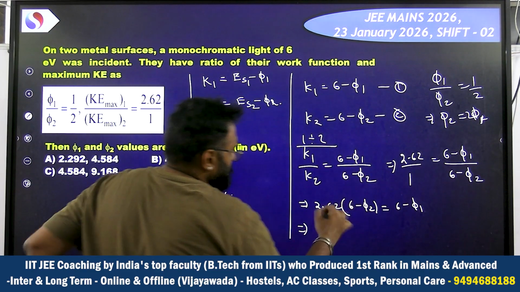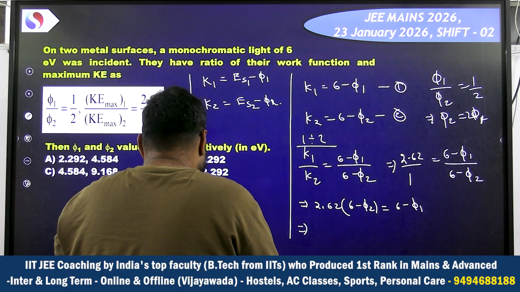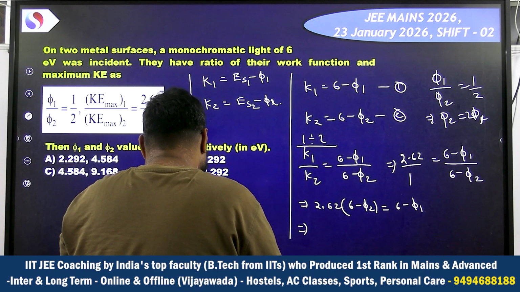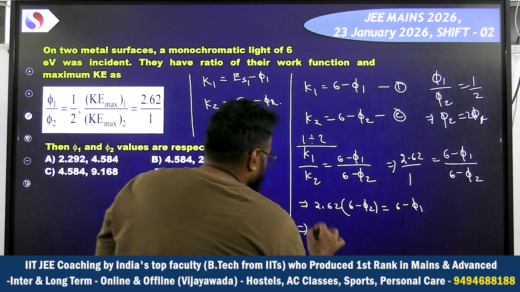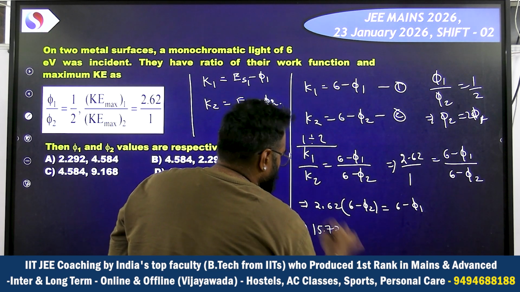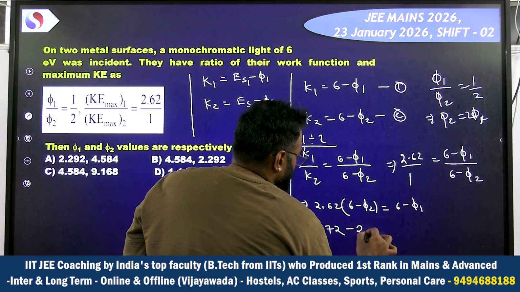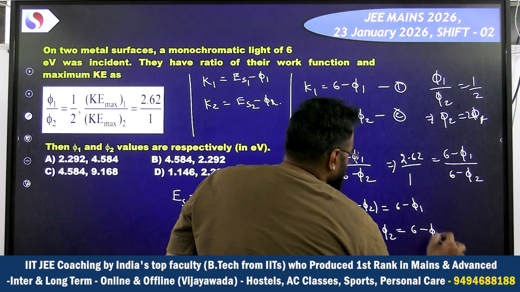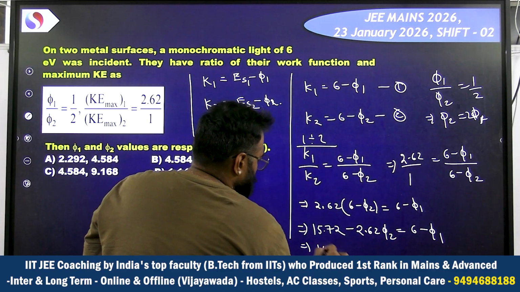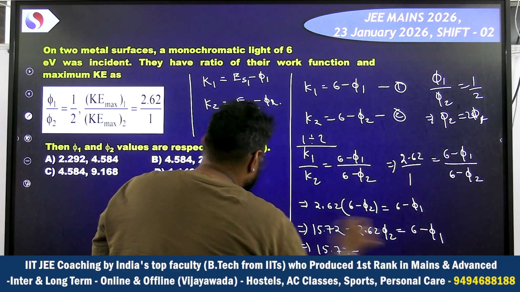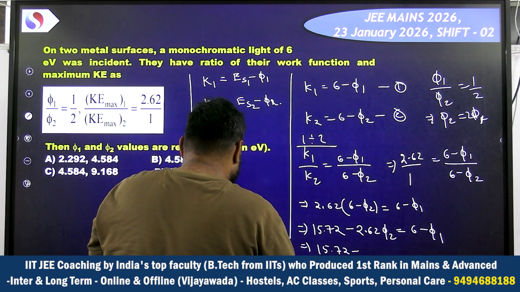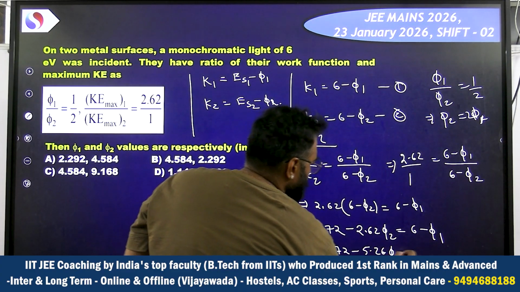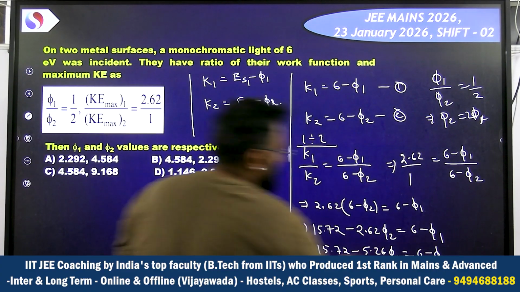So can I write like this? 6 into 2.62, how much will it be? On calculating 6 into 2.62, 15.72 minus 2.62 phi 2 is equal to 6 minus phi 1. So 15.72 minus 2.62 into 2, 5.62 phi 1 is equal to 6 minus phi 1.